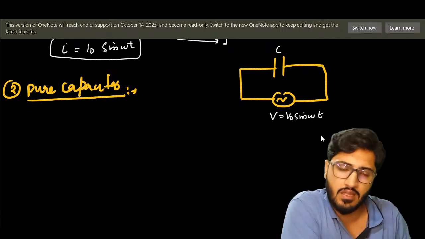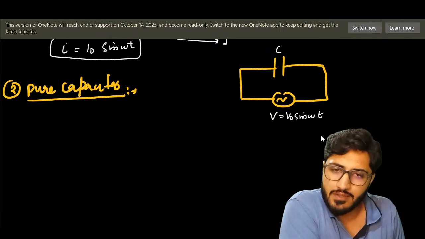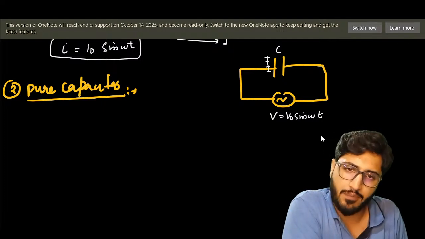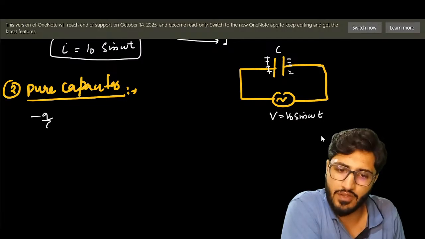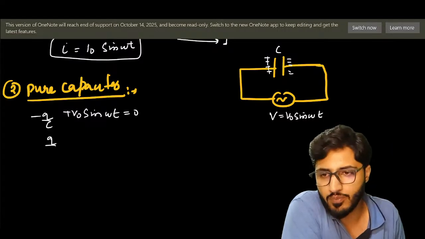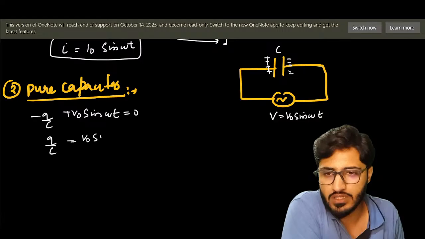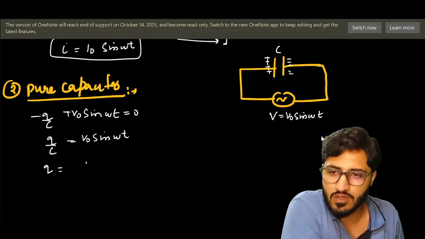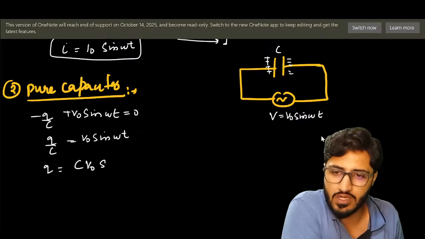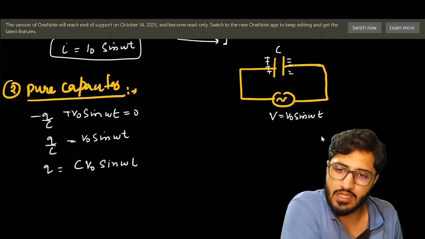Look, this side is positive at a particular time and this one is negative. So I can write minus Q by C plus V naught sine omega t equals 0. So Q by C equals V naught sine omega t, and Q equals C V naught sine omega t.